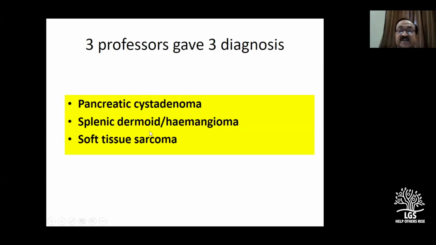The second professor said, no, it is 100% spleen. He said, even though the notch is not felt, I say it is spleen because the patient is young and has such a large swelling. And the third professor gave a diagnosis of soft tissue sarcoma.